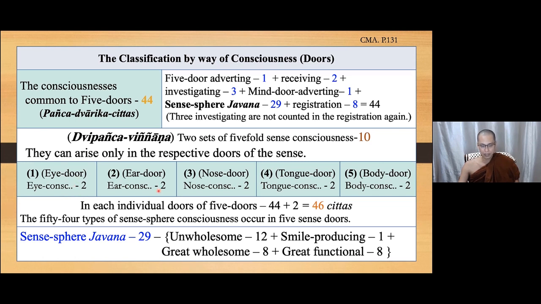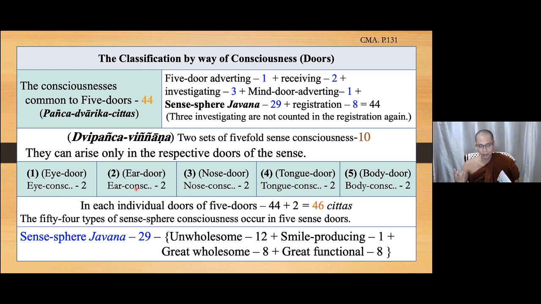Among the Dvipanja Vijnana, only ear consciousness can arise through the ear door. So they have their own door. And also, the eye consciousness can arise through the eye door alone. Eye consciousness cannot arise through the ear door.